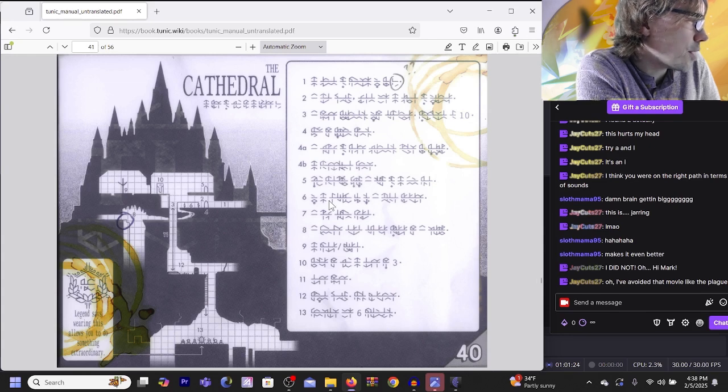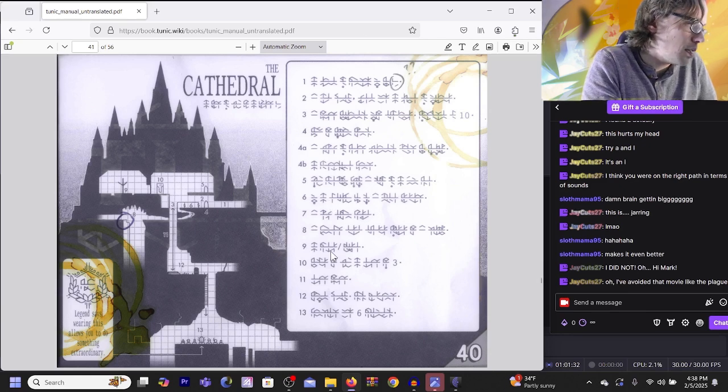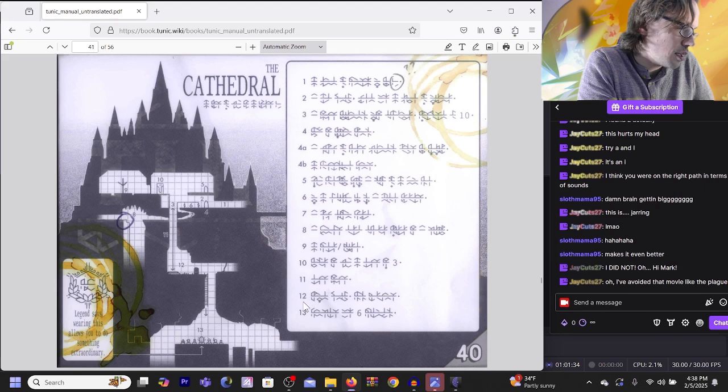Again, that could be the words "the cathedral." I kind of want to go. I'd love to know what all this says. Because I know if I go down there, I fight the 6 bosses, or there's like a boss rush. That's why the number 6 is there.